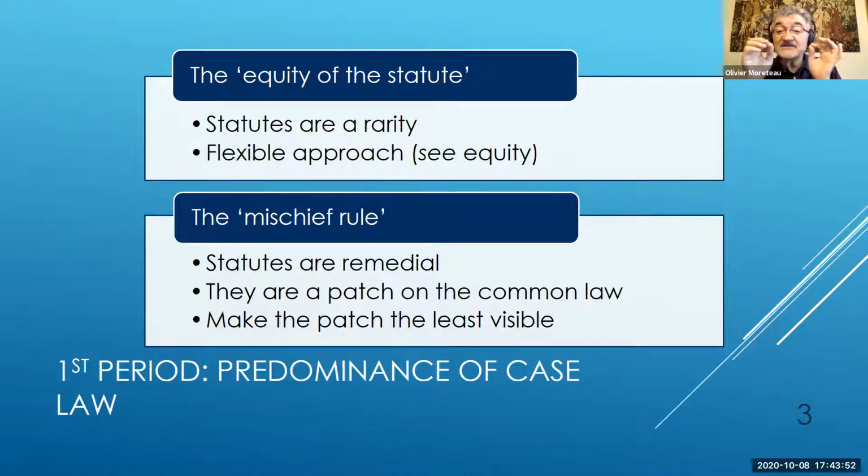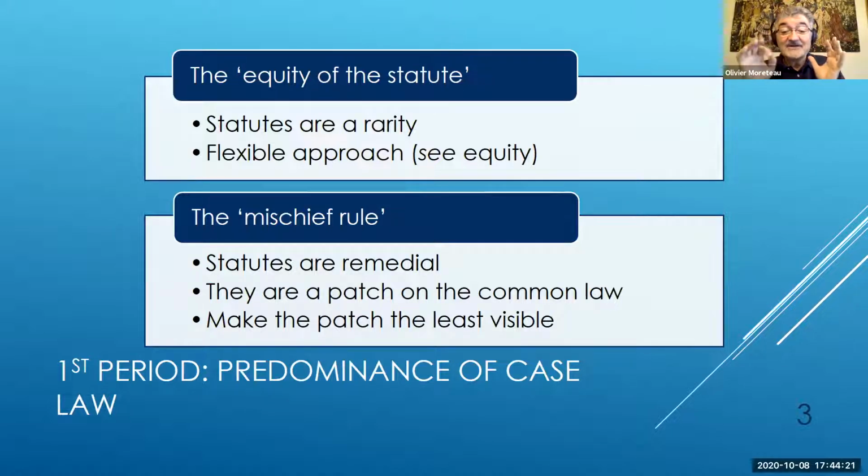The idea is that the statute was there to correct some mischief, some defect, some inconvenience of the common law and equity, as if the statute was a sort of patch to hide a hole or a gap in case law. Courts would engineer their interpretation in such a way that the patch would be the least visible.